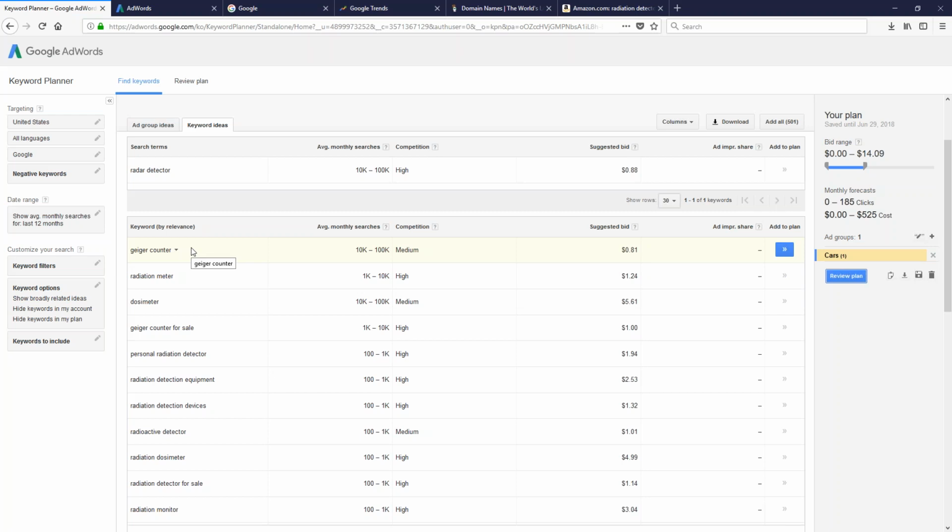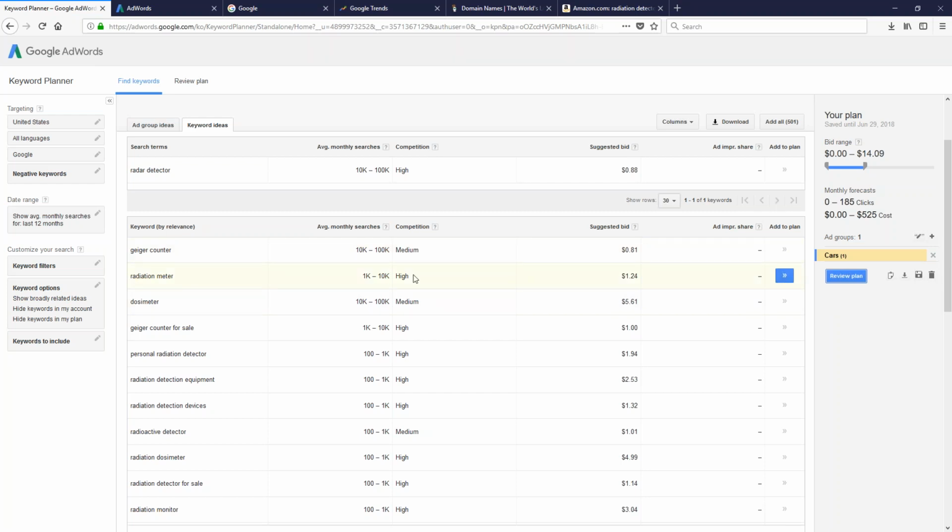Now, one thing that is also commonly confused when I teach any kind of training having to do with the keyword planner and talking about competition is the fact that they have this competition column right here. This is not the competition that I am actually talking about. So when it says that there's high competition here, this is talking about competition within the Google AdWords advertising platform. So there's a lot of competition among the paid advertisers on these keywords that say high in the competition column.